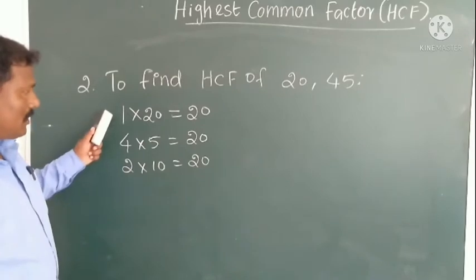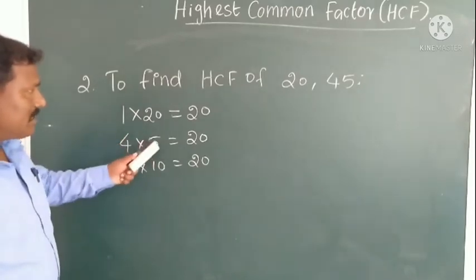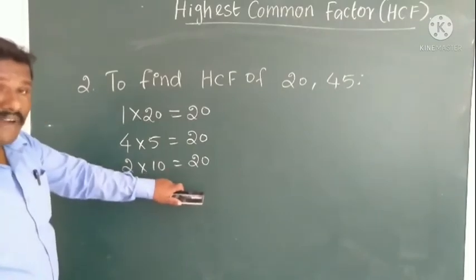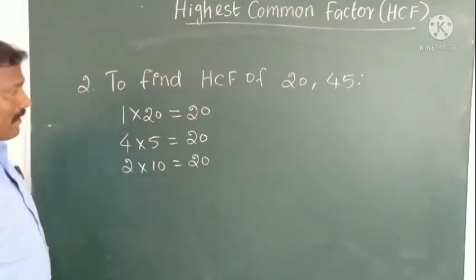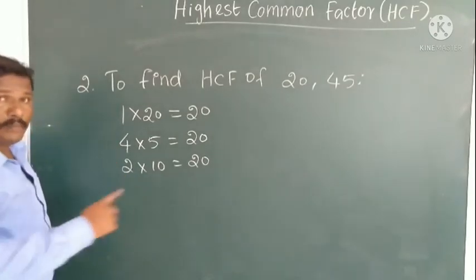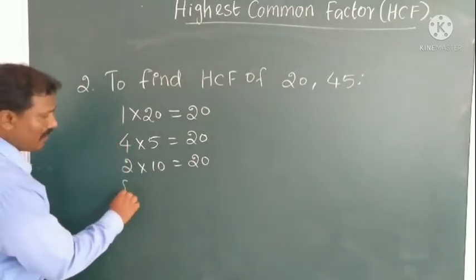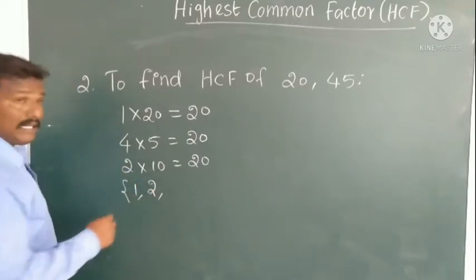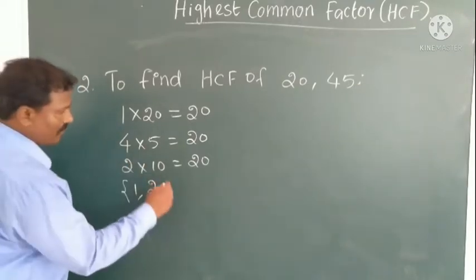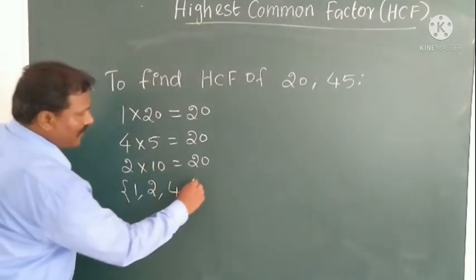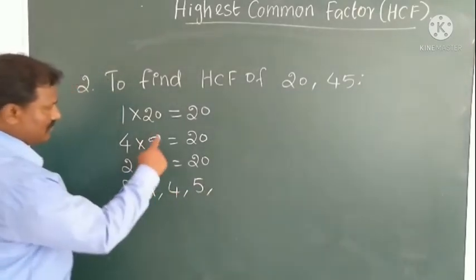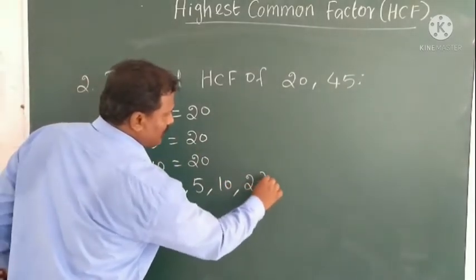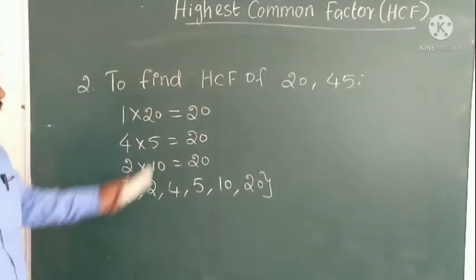Now these are all factors, and we have to write them in ascending order, small to big. So 1 is the smallest factor, then 2, then 4, then 5, then 10, the last one 20. So these are the factors of 20.